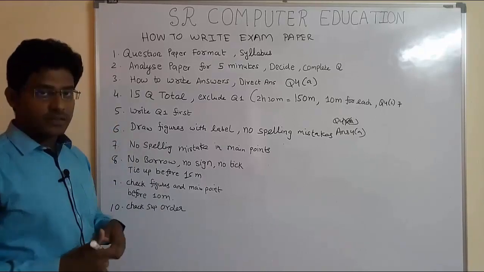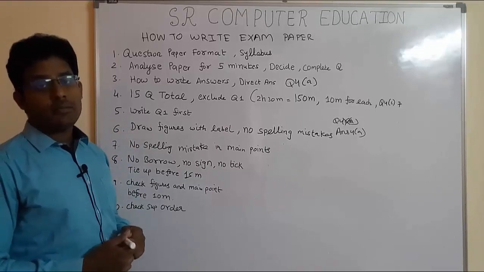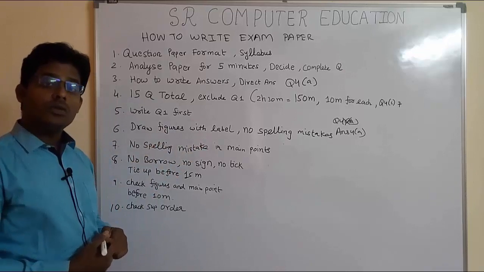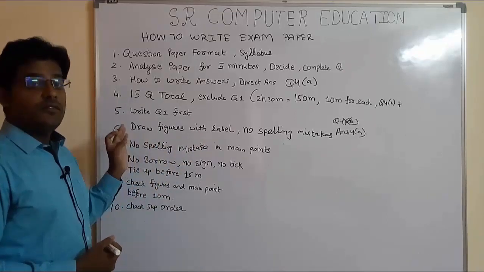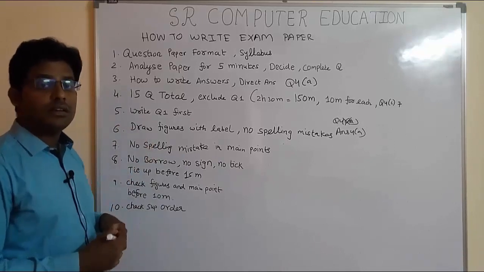Now, point number 6, draw figures very neatly in the examination and with proper labeling. Students draw figures in such a manner that you cannot even read what is written.